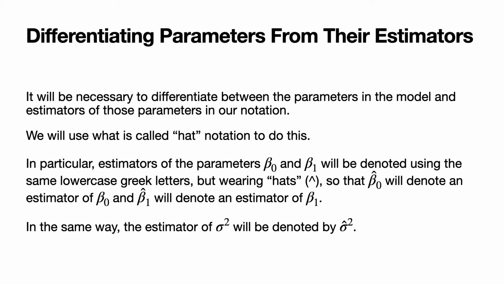In particular, estimators of the parameters beta 0 and beta 1 will be denoted using the same lowercase Greek letters but wearing hats or carets, so that beta 0 hat will denote an estimator of beta 0 and beta 1 hat will denote an estimator of beta 1. In the same way, the estimator of the error variance, sigma squared, will be denoted by sigma hat squared.